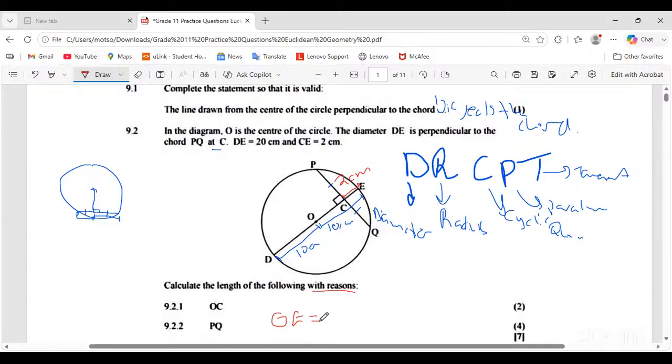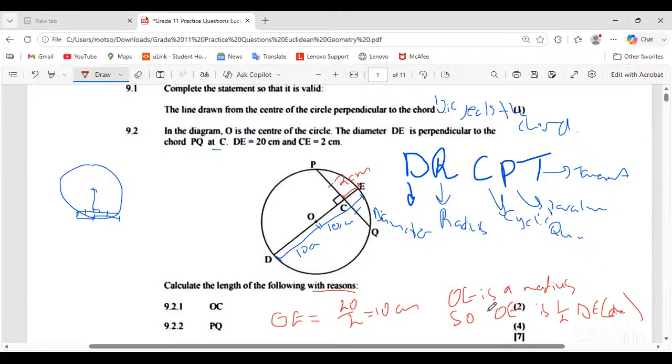Then we will say that OE is equal to 20 divided by 2, which is 10 centimeters. Why? Because OE is a radius. So OE is half of DE. That was the diameter, right?